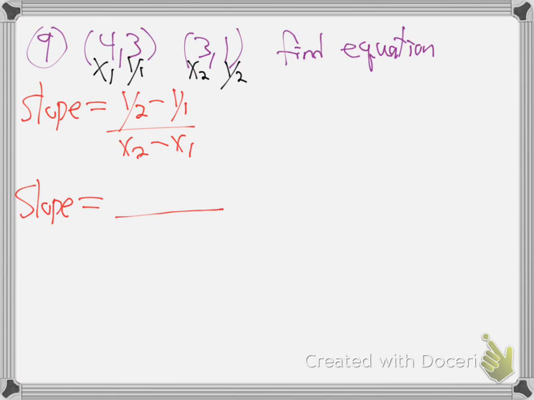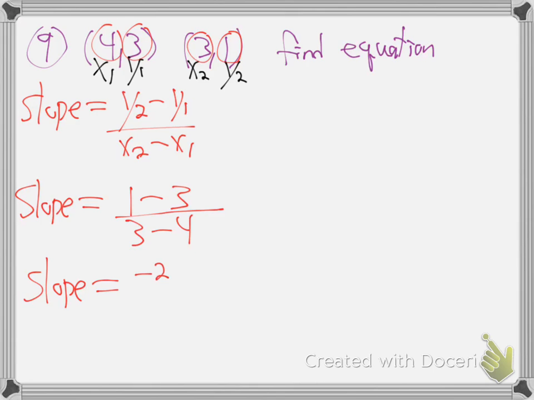Slope equals y2 minus y1 over x2 minus x1. So we get minus 2 over minus 1, positive 2. So slope is 2. So then we come back up. So that's all, step 1.